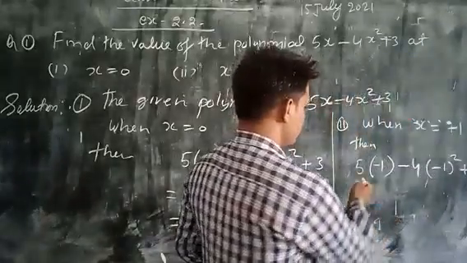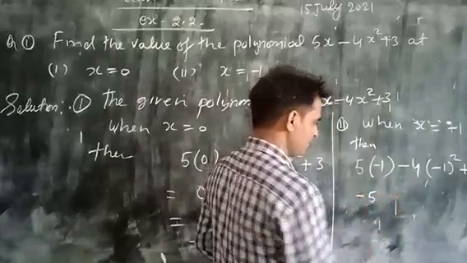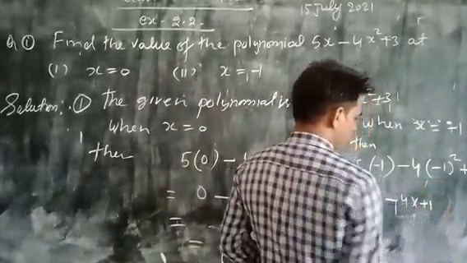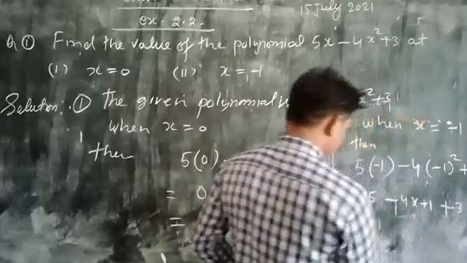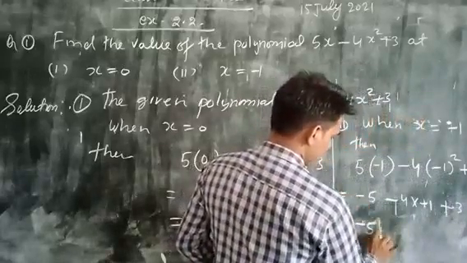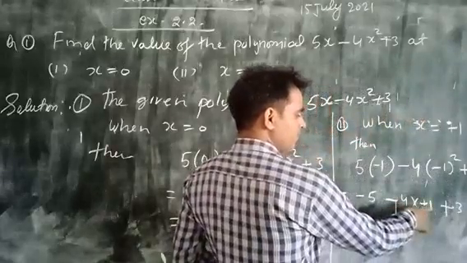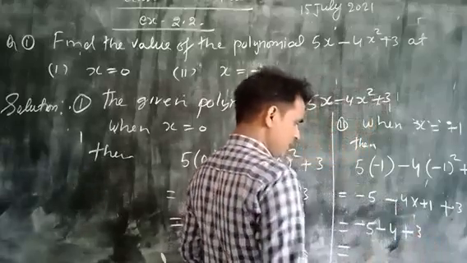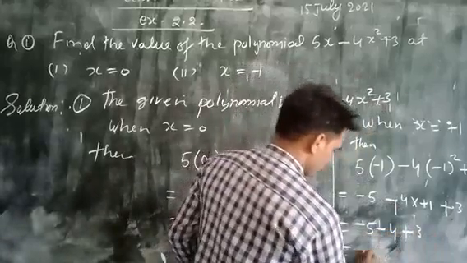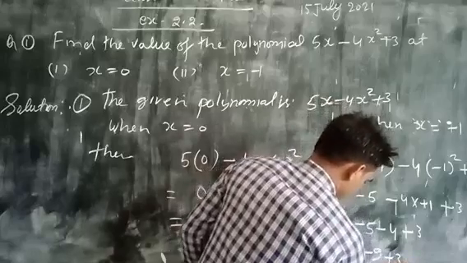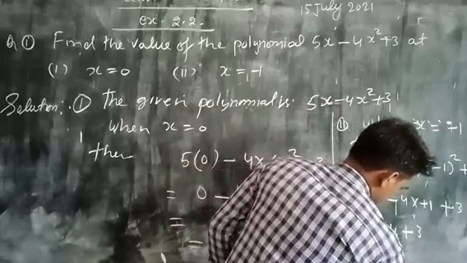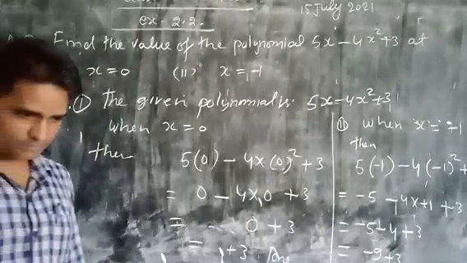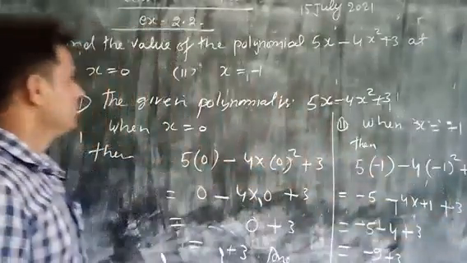You know that 5 into minus 1 is equal to minus 5 and square of minus 1 is equal to plus 1, and plus 3. Now this is minus 5, and plus 1 into minus 4 is equal to minus 4, and plus 3. Now minus 5 and minus 4 is equal to minus 9 plus 3, which is equal to minus 6. This is the value of the given polynomial. So this is the simplification of question number first.